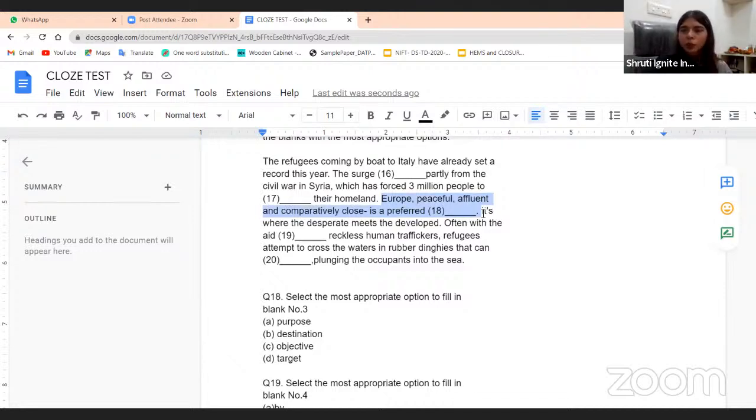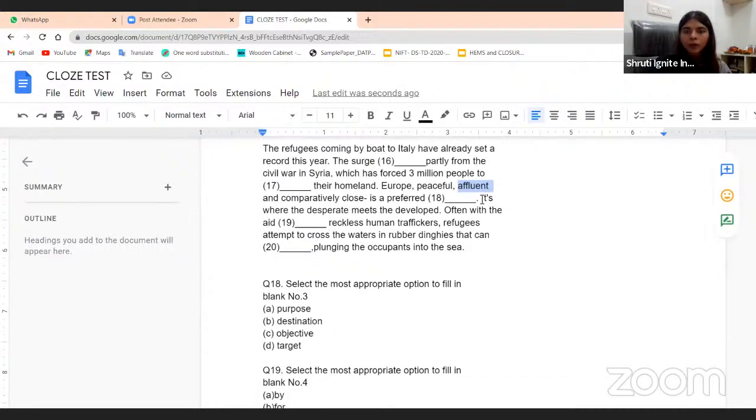Because other options do not fit over here. What is the meaning of affluent? Prosperous. So when you talk about affluence, it means having money, having power, and having other means. Now come to the next one.